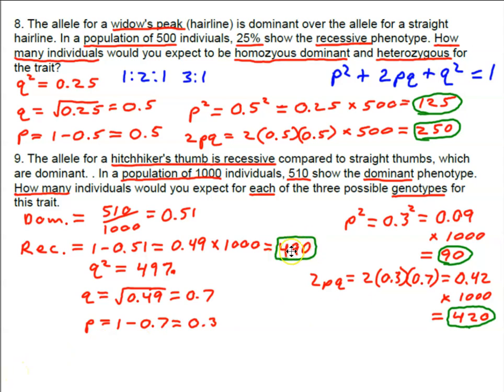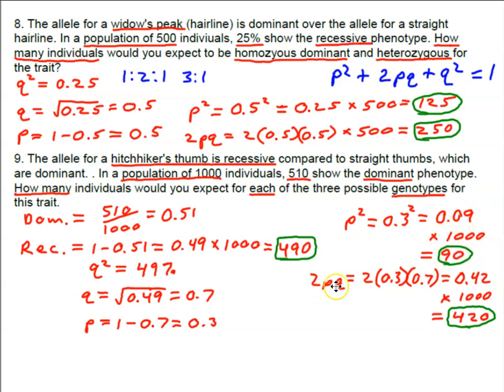So 490 are the number of individuals in this population that are homozygous recessive, but we also are asked how many individuals are going to be homozygous dominant. That's p squared, which is 0.3 squared, and that's 0.09. 0.09 times 1,000, or the way I like to read this, 0.09, or 9% of 1,000, is 90.